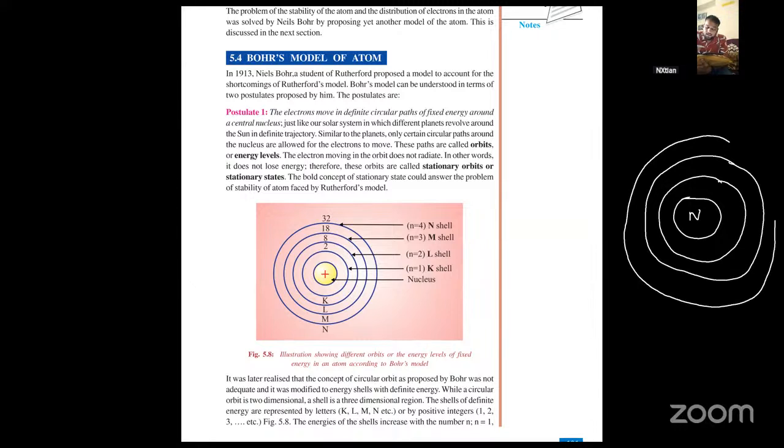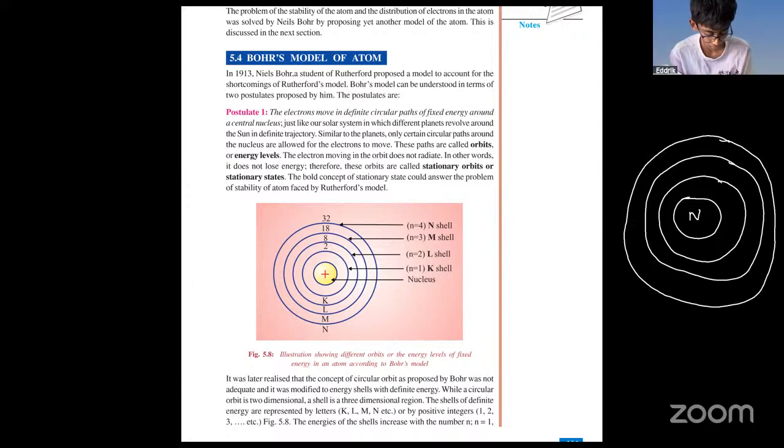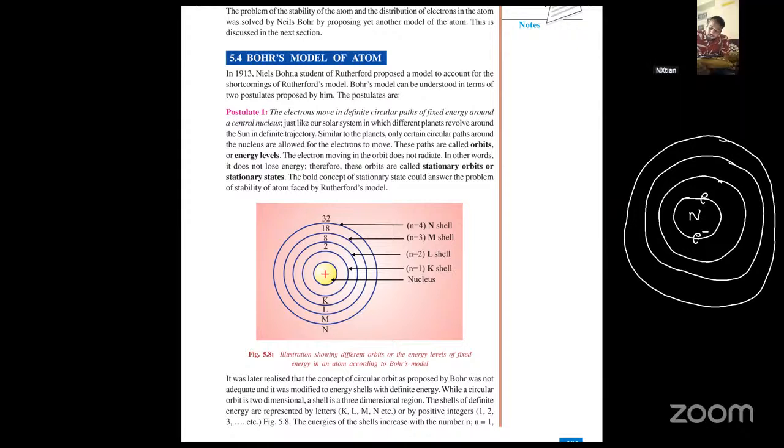Like in our solar system, the center is the sun and all 8 planets revolve around it. Did you hear that Earth is going to collide with the Sun? No, they have their own orbits and trajectory paths. In the same way, electrons revolve in their own orbital levels, and they have their own energy.